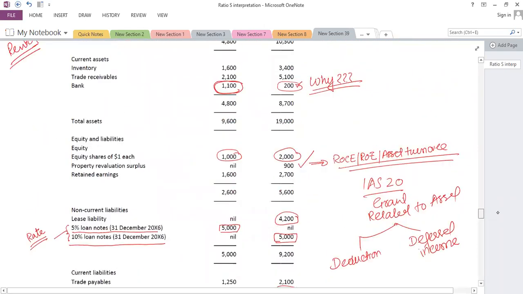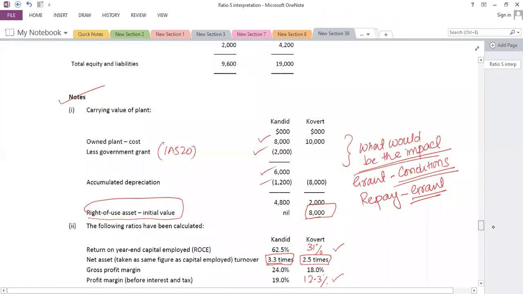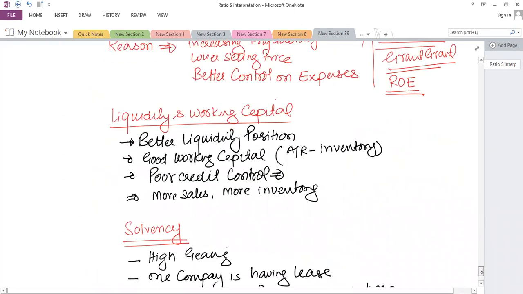Okay, so another point you can see here, the assets. The information given in the assets: you can see here the accumulated depreciation. Covert has own plant that is worth 10,000, and they have accumulated depreciation of 8,000. So you can see that they have old assets.